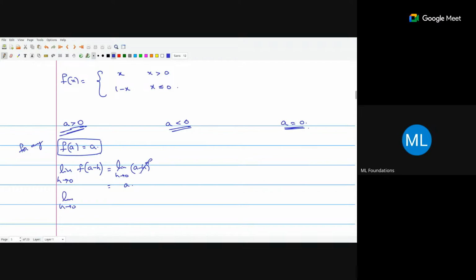Similarly, the right hand limit you can check with a plus h. Because f of x is equal to x when x is greater than 0, f of a plus h will be a plus h, and h will tend to 0, and it will be a. So f of a is a, left hand limit is a, right hand limit is also a. So this implies it is continuous for x greater than 0.